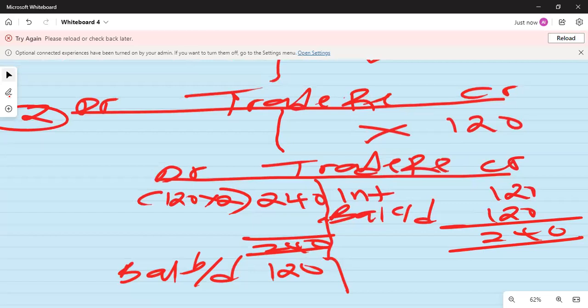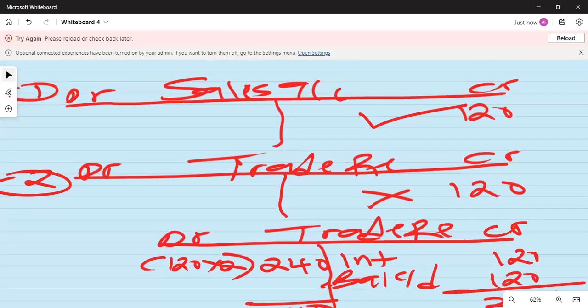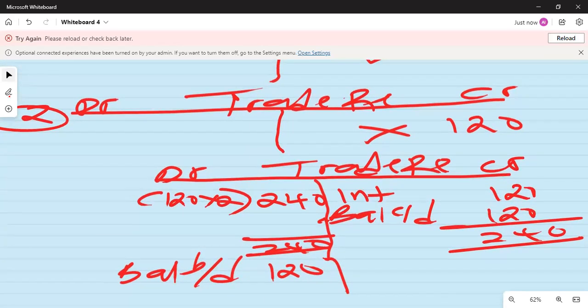Let me explain again. If you have any question, please ask. Initially, number 1 is correct: the sales account was credited. The receivable was also credited, and that is wrong. Receivable needed to be debited. Since the first entry shows that trade receivable has been credited, you just need to multiply by 2.